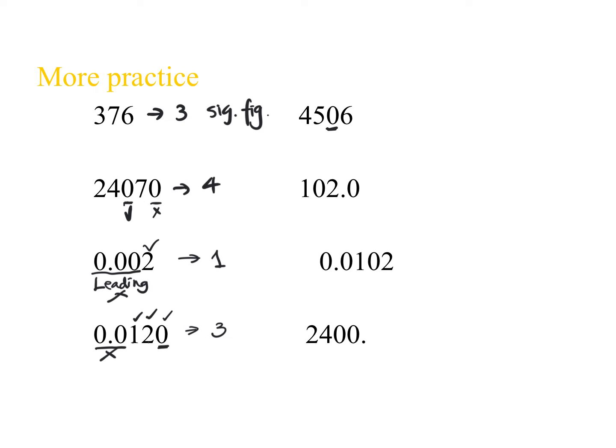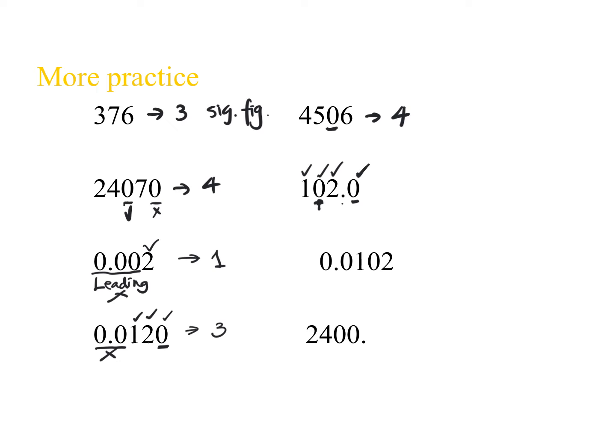4506, this zero is a trapped zero, so we have 4 sig figs. 102.0. These two are significant. This zero is a trapped zero, and it's significant. This last trailing zero is on the right side of the decimal point, and on the right side of a non-zero number.